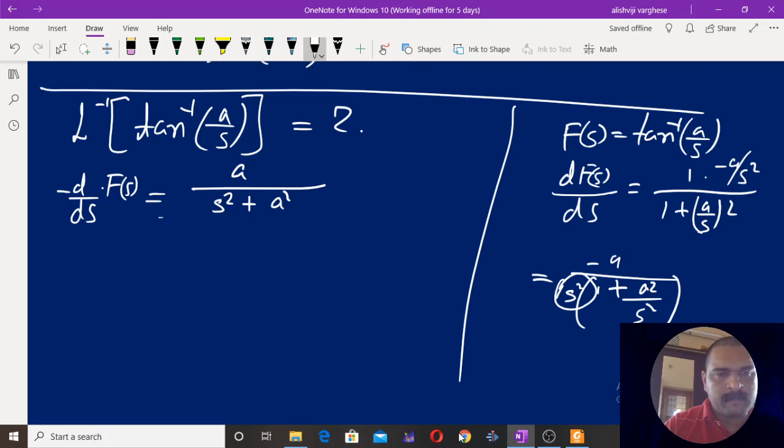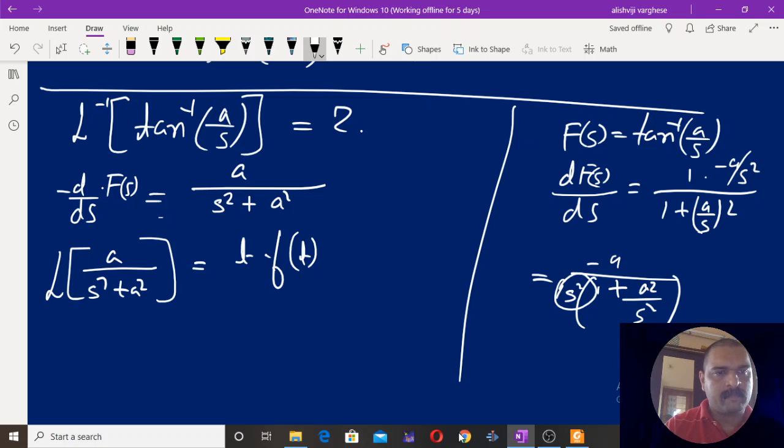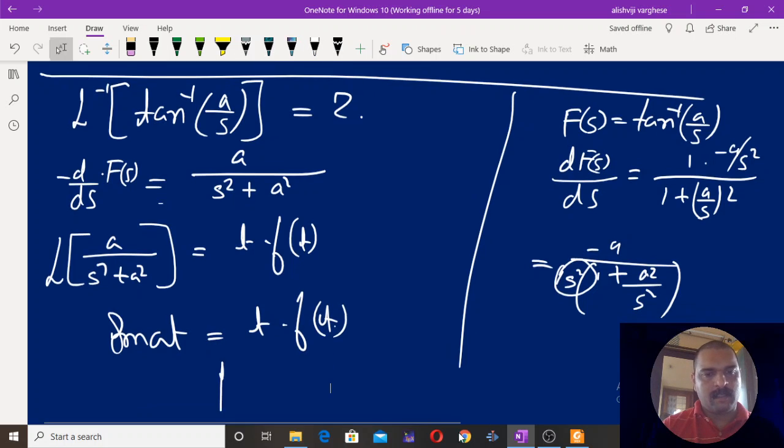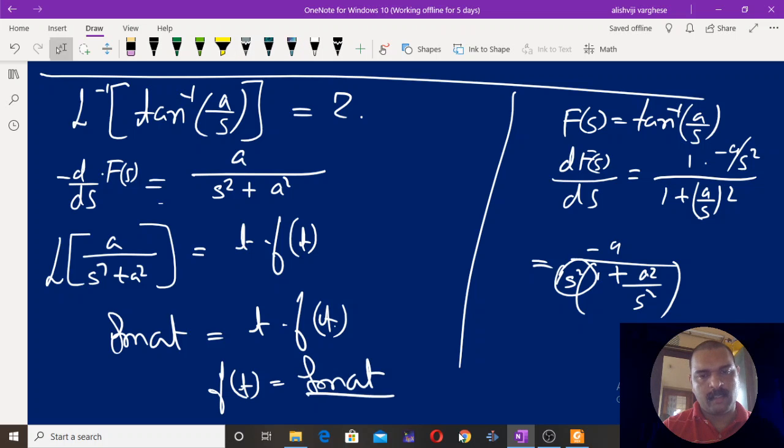And now, if we take the Laplace transform, the inverse Laplace transform of a by s square plus a square is sin at, which equals t into f of t, and therefore f of t is equal to sin at divided by t.